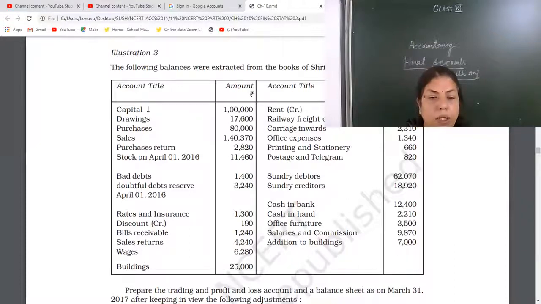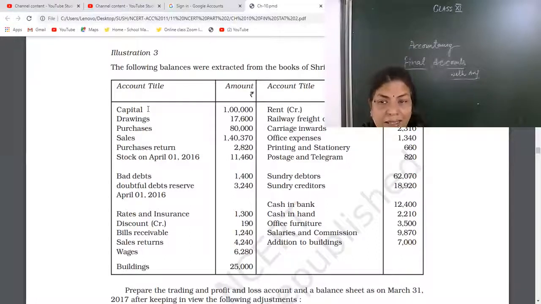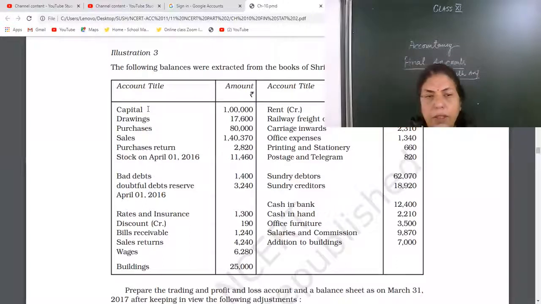Now rates and insurance, P&L debit. Discount, clearly given credit, it means credit side of P&L. First of all, you should mark these things. Then bills receivable, asset. Sales return should be subtracted from sales.